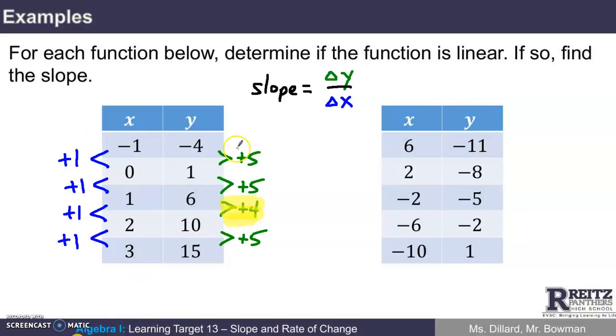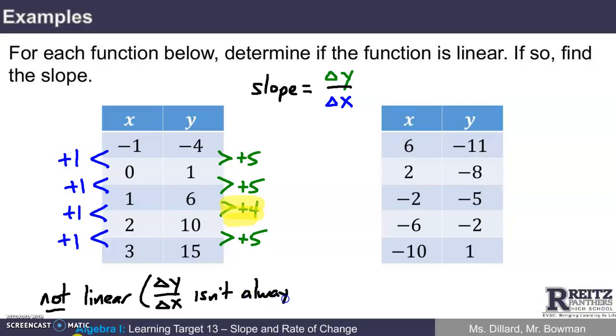If I thought about putting delta y over delta x, it wouldn't always be the same, would it? So this is not a linear function. Why? Because delta y over delta x isn't always the same. I have to be able to say that no matter which ordered pairs I pick, that ratio is the same, or it's not linear.